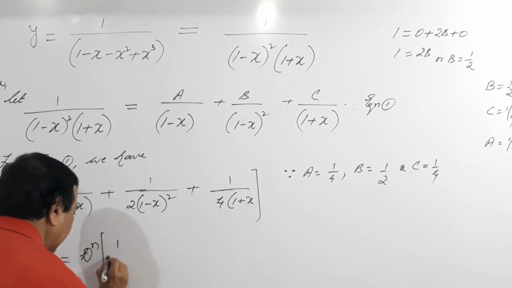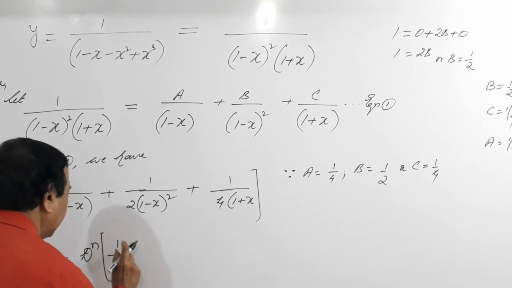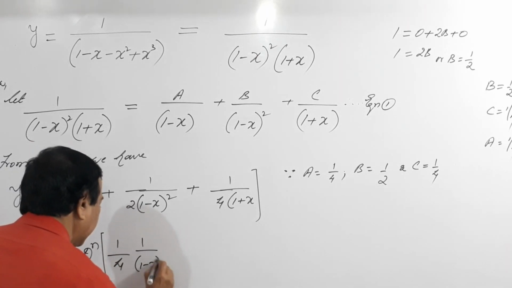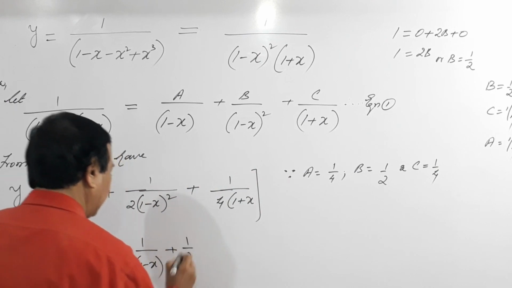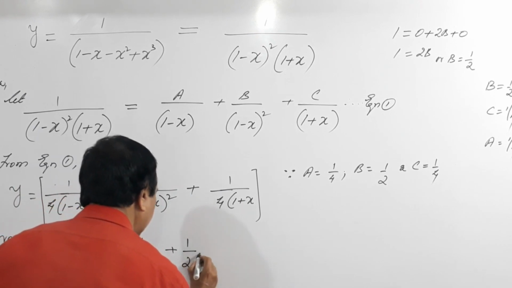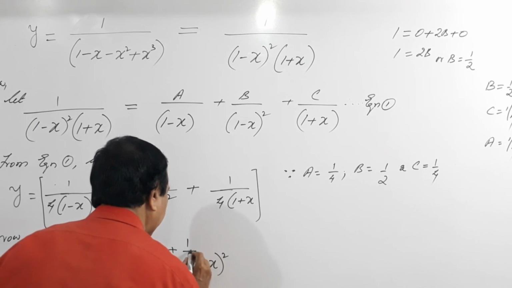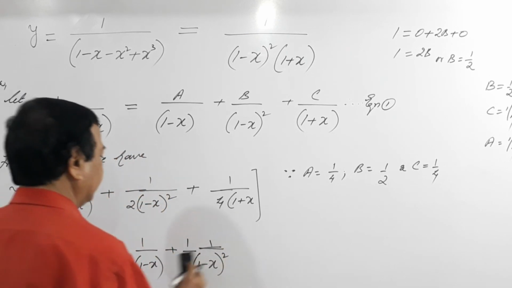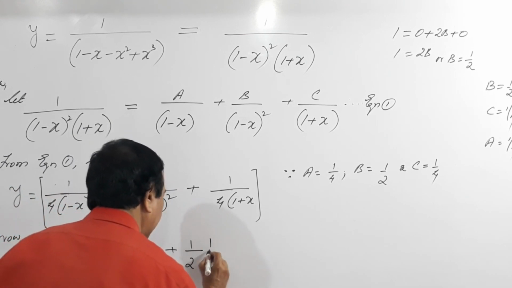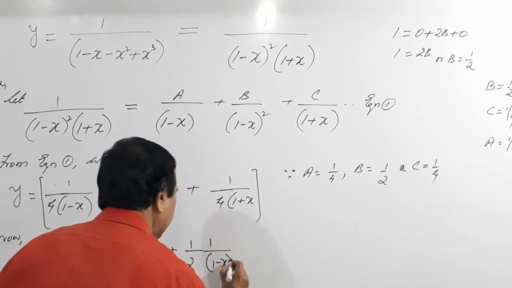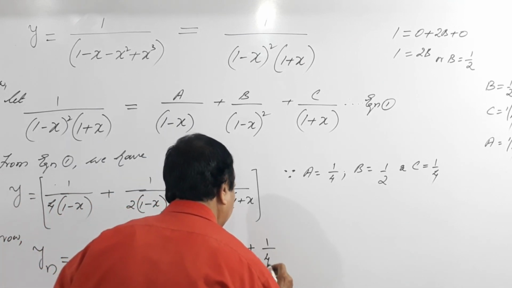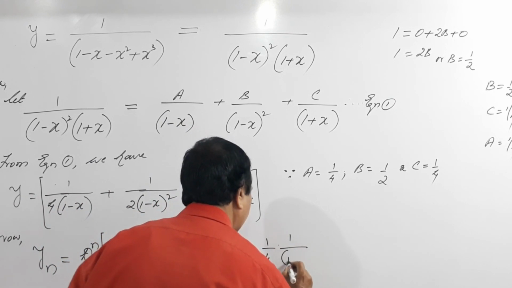This will be 1/4 into 1 by (1 minus x), plus 1/2 into 1 by (1 minus x) the whole square, plus 1/4 into 1 by (1 plus x).